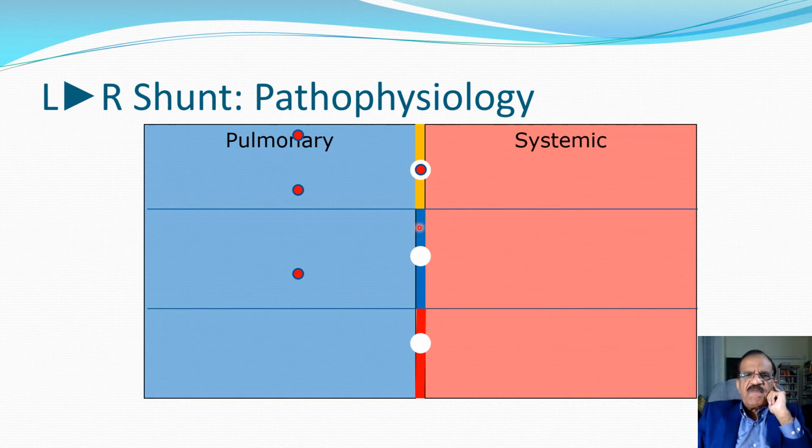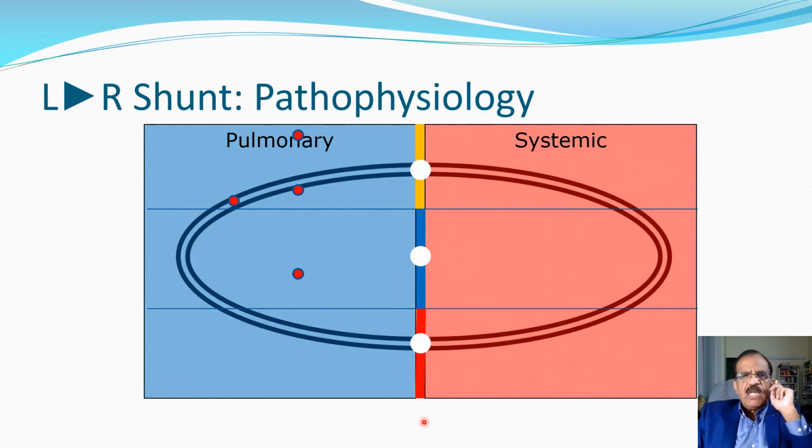Now let's see first the normal circulation. I hope I am able to depict it correctly. This diagram shows that whatever blood passes through the systemic circulation also has to pass through the pulmonary circulation.